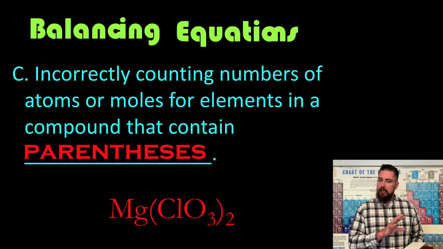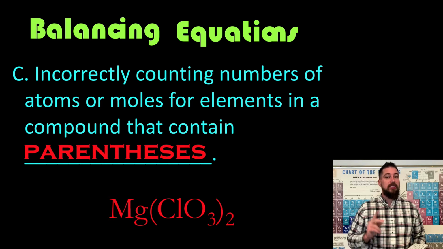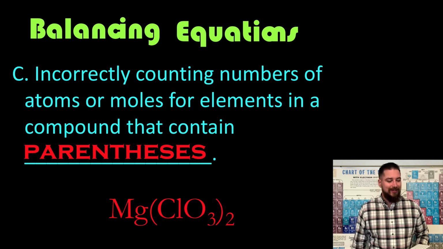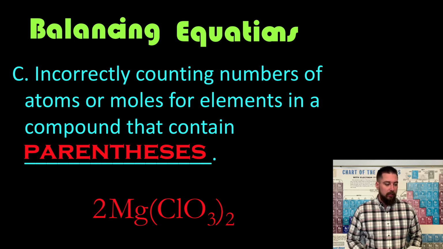So really, in that compound, there's 2 chlorines. And how many oxygens are there? There's 6 oxygens, because again, that 2 multiplies everything within. So there's 1 magnesium, 2 chlorines, and 6 oxygens.